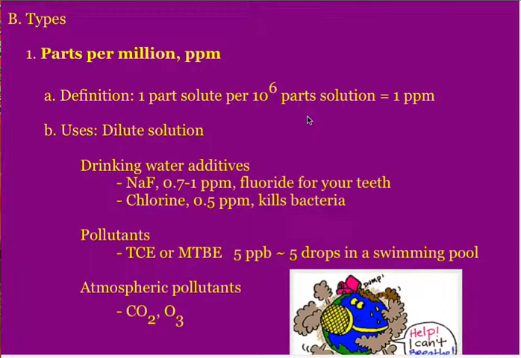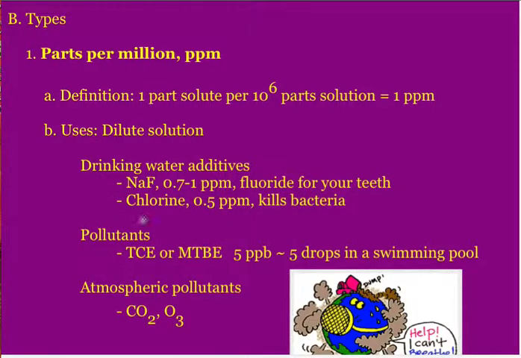There are a couple different ways you can measure it in science. One way is parts per million. You can even do parts per billion, ppb. These are obviously for very small amounts of things. They're usually for drinking water additives, pollutants, things that we don't have a lot of. These are also typically for things that are pretty dangerous for us, because if we're measuring them out to parts per million or parts per billion, there's probably a reason for it.